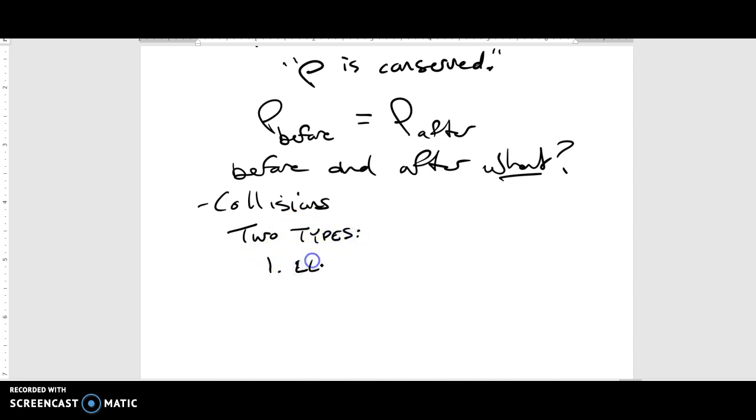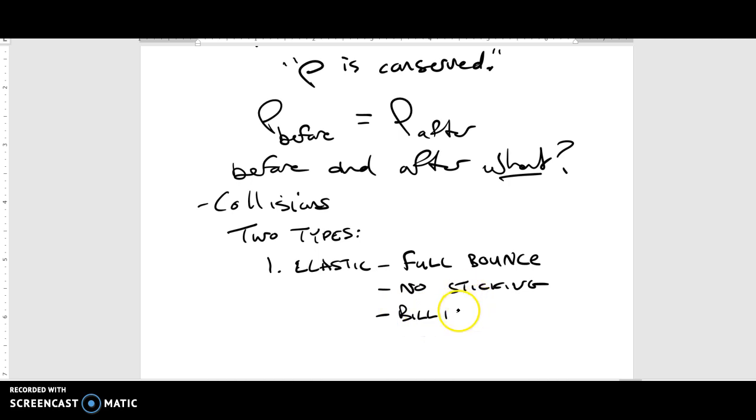One called elastic, and that's full bounce, no sticking together, no deformation or anything like that. Think about it like billiard balls bouncing off one another.